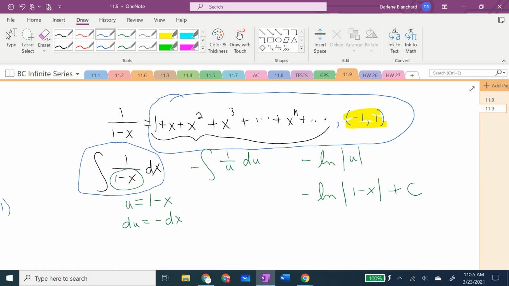Normally you need absolute values, but since we're only going to be representing this function with this power series, with this interval of convergence, since that interval of convergence is the focus, that's the only domain I can work with.